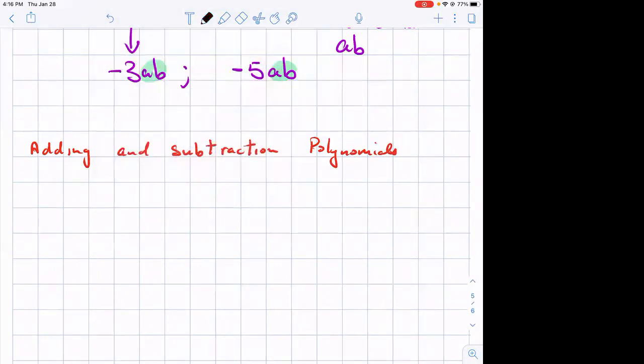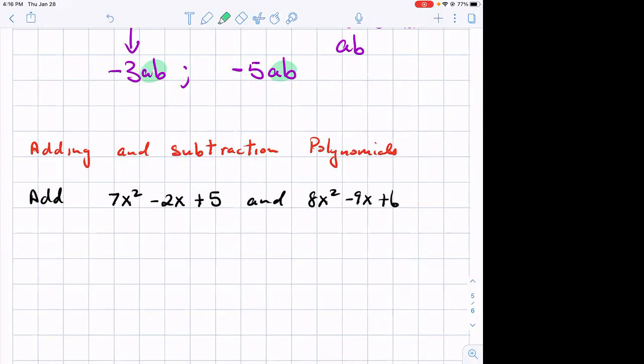So suppose I ask you to add 7x squared minus 2x plus 5 and 8x squared minus 9x plus 6. So here we have two polynomials. Here is a polynomial, okay? And here is another polynomial.